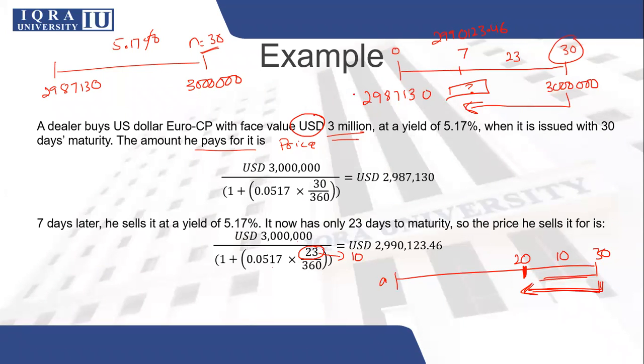This person purchased it for this price and then sold it at this price 7 days later. So cash flow at the start is going to be this, because he is going to purchase it at this price. And 1 week later when he sells it, he's going to sell it at this price. So this will be the cash flow at the end.